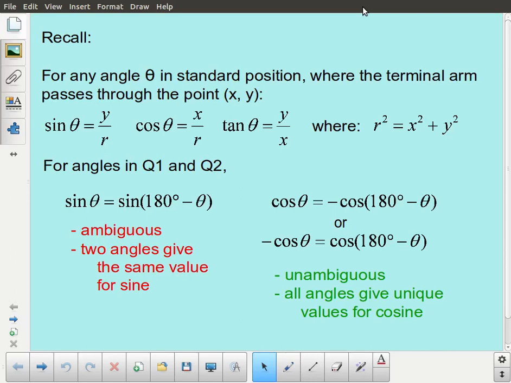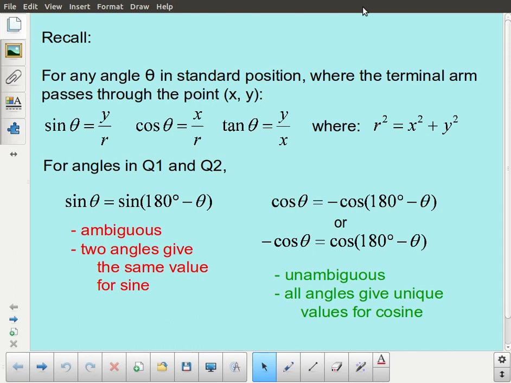For this lesson, we're going to be taking a look at something known as the ambiguous case of the sine law. This lesson builds off of two previous lessons. One is the review of the sine law, and the second was our discussion of obtuse angles.